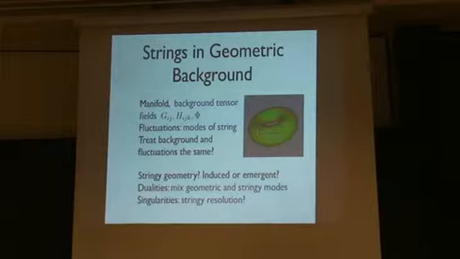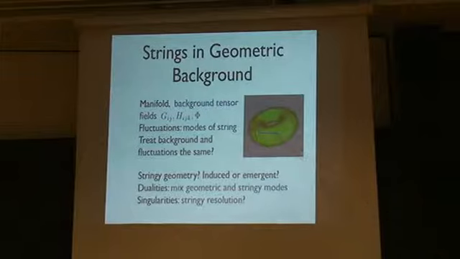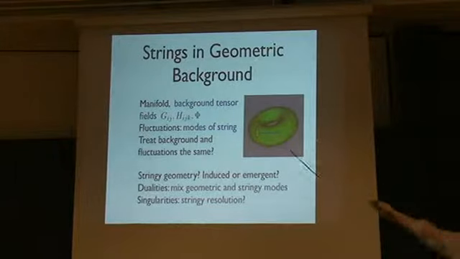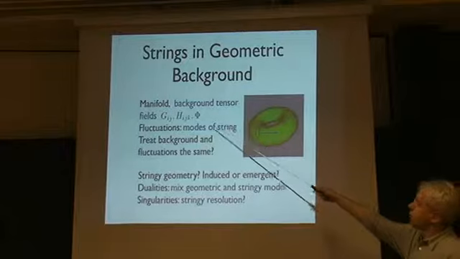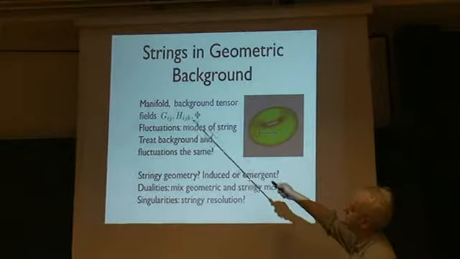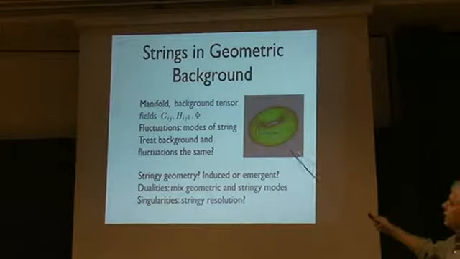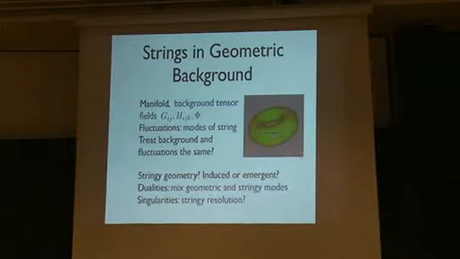But if we're looking at conventional strings in a geometric background, the conventional picture, we have some space-time manifold. Here it's represented by this green donut. And there are background tensor fields given by a background metric, a background field strength for the two-form antisymmetric tensor, a dilaton, and various other fields. Then the fluctuations of all these fields about the background arise as certain modes of the string.